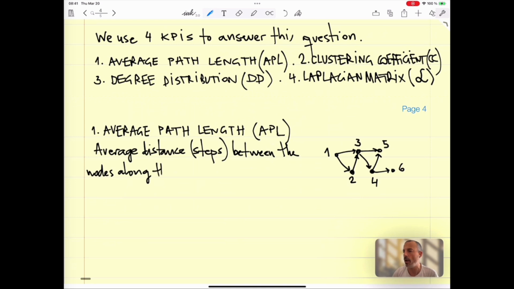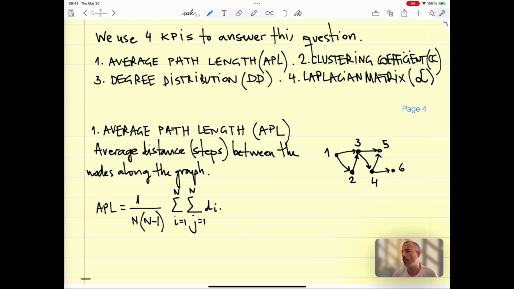So the equation of average path length, it's called APL. It's 1 divided by n times n minus 1, the sum of all nodes to all nodes, okay?